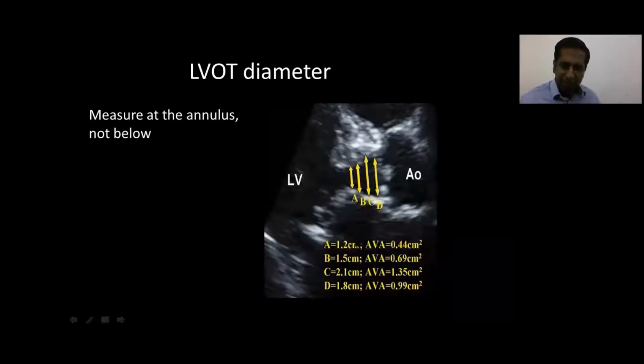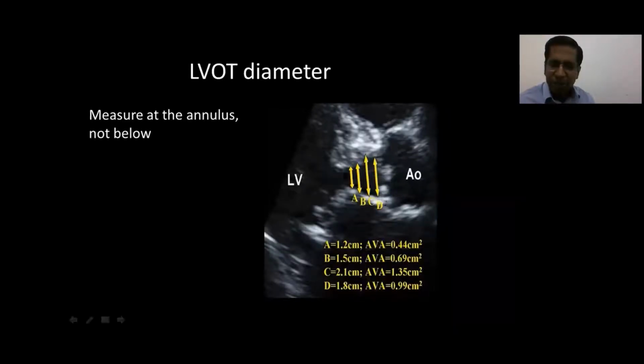And you might have heard the talk on aortic valve stenosis yesterday or sometime. And you might already be knowing that one of the main determinants for calculation of aortic valve area is the aortic annulus or the LVOT diameter.